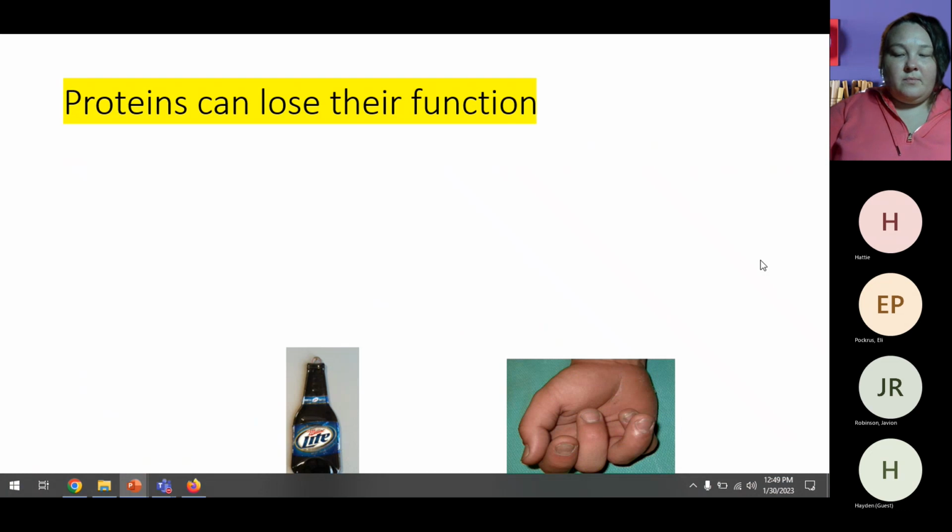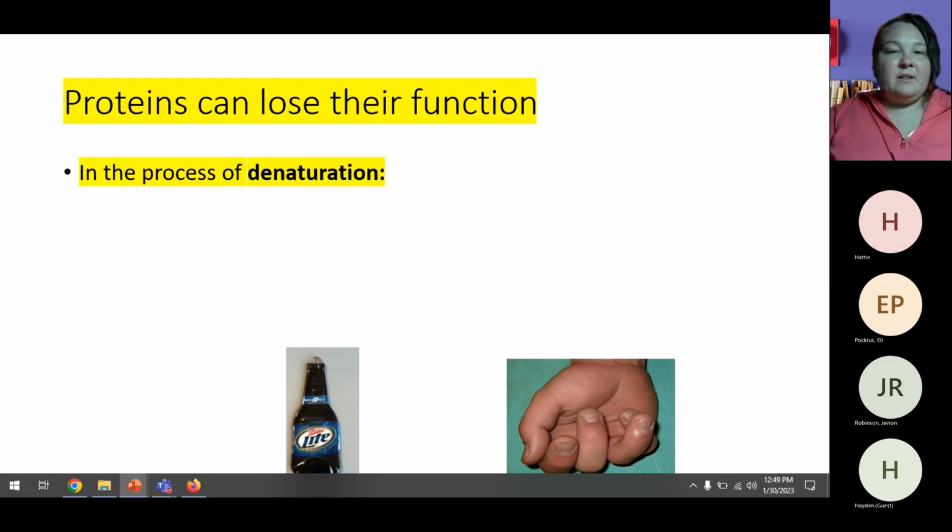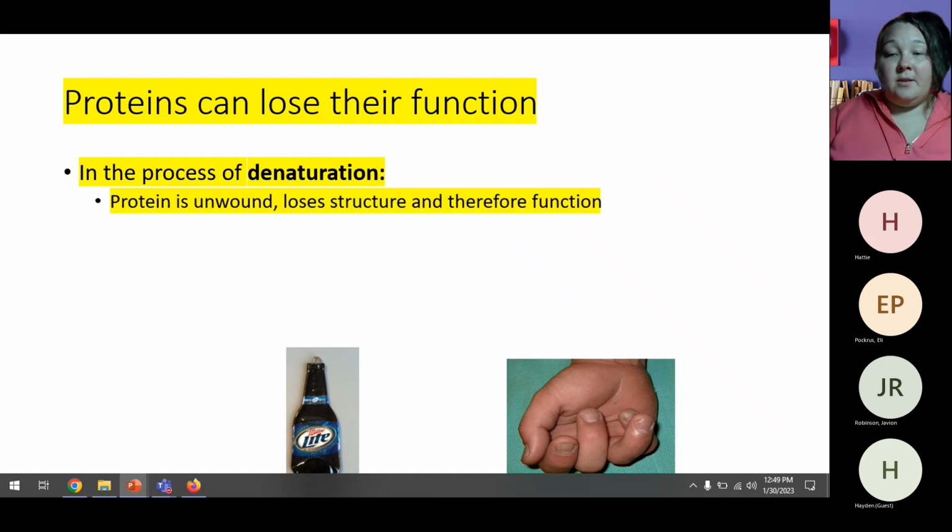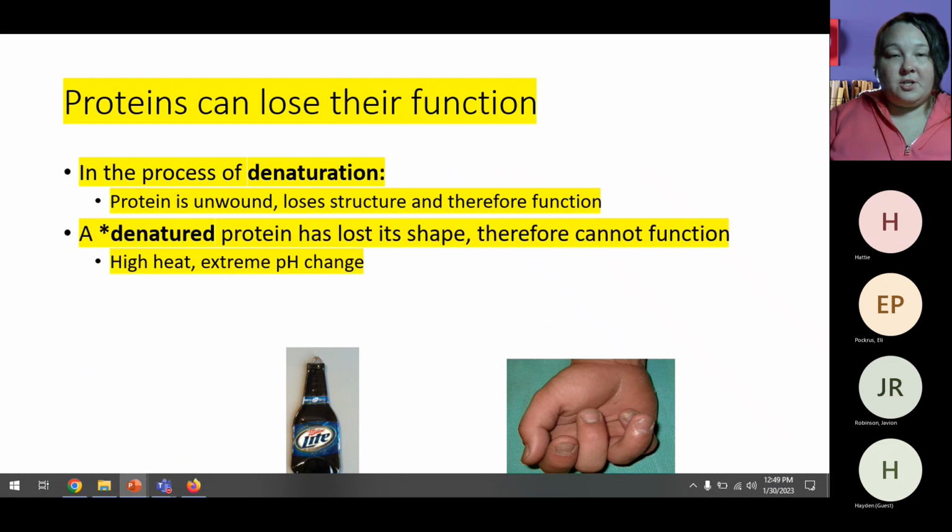So, to review, proteins lose their function if they lose their shape. In the process of what's called denaturation, the protein is unwound, it loses its structure, and it loses its function. What can do this? Really high heat, or if you freeze it, or an extreme change in pH.